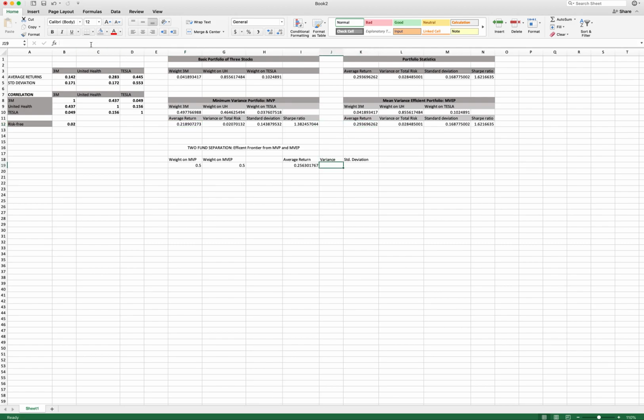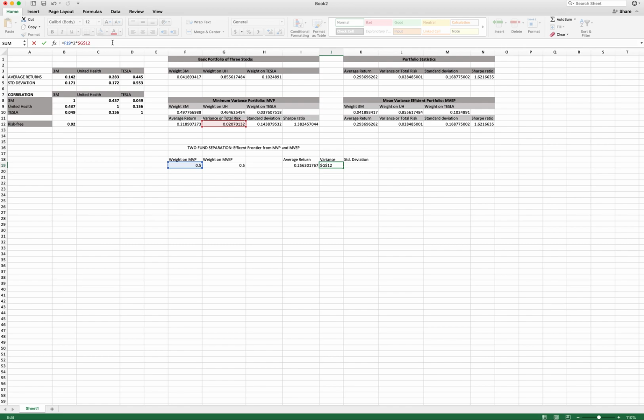Now the variance, well, I know that the variance is equal to what? The variance is equal to the weight of the MVP squared times the variance of the MVP. Let me protect this cell so that it doesn't move around.